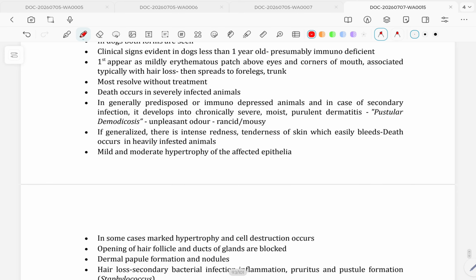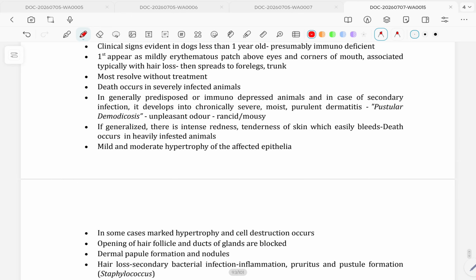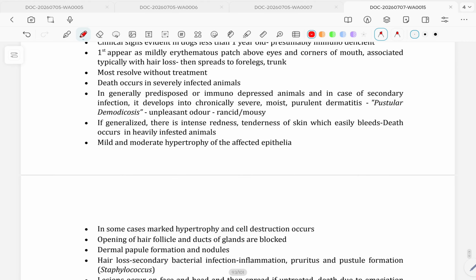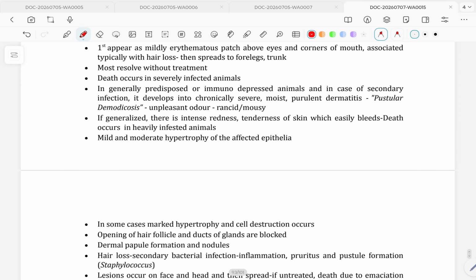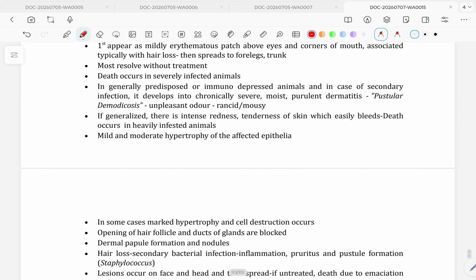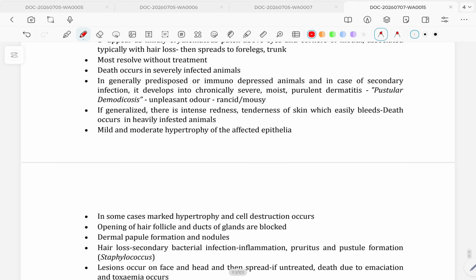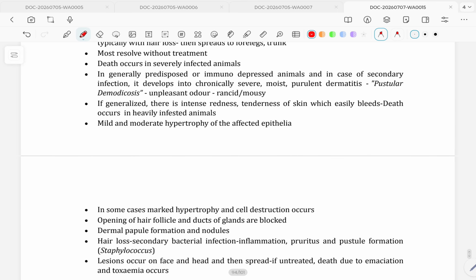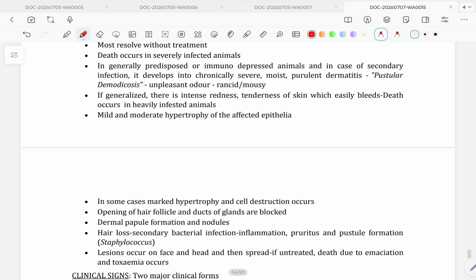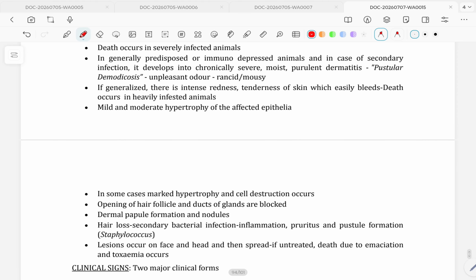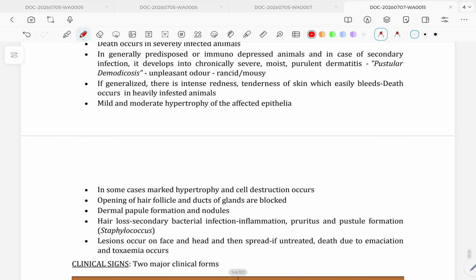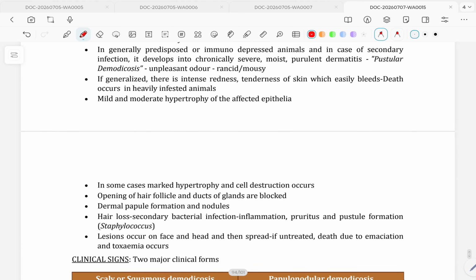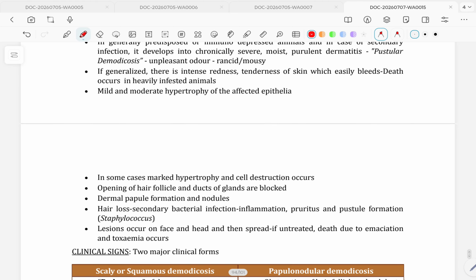In generally predisposed or immunodepressed animals, and in cases of secondary infection, it develops into chronically severe moist purulent dermatitis, pustular demodicosis, with unpleasant rancid or mousy odor. If generalized, there is intense redness and tenderness of skin which easily bleeds. Death occurs in heavily infested animals.